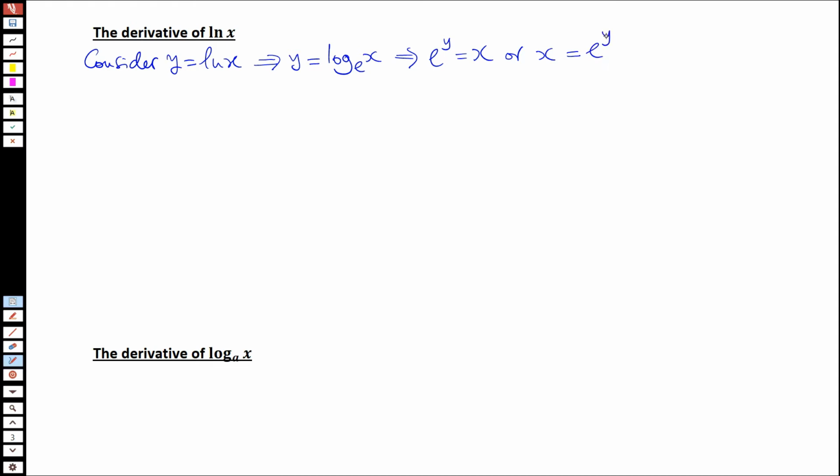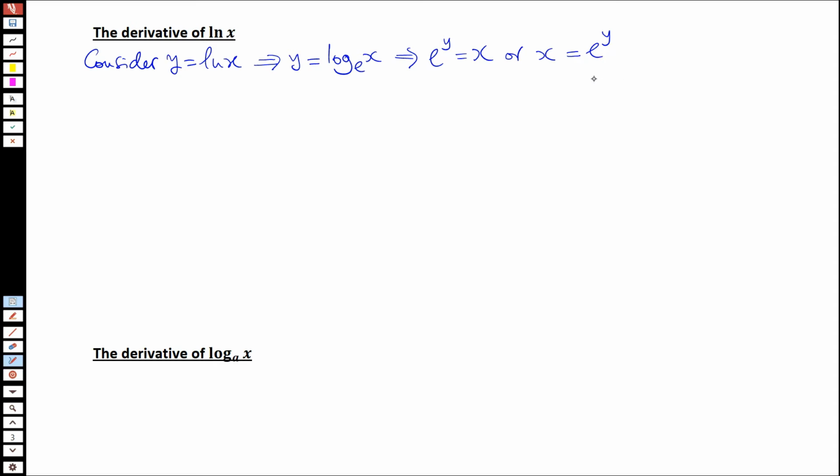What you're interested in here is the derivative of this function. So what we have here is an inverse function. So what I'm going to do next is a way of differentiating inverse functions, but the process still remains the same. This function is written in terms of y.